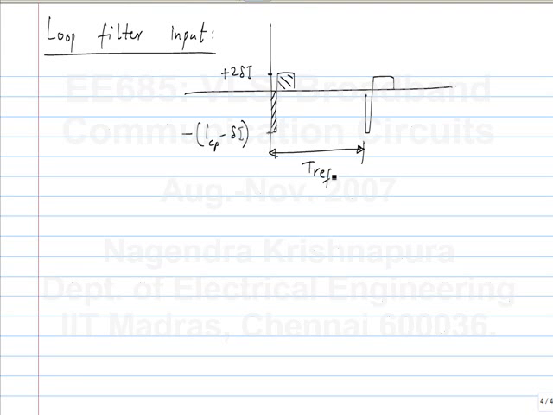Okay, and the width of the positive part is T reset. The width of the part which has 2 delta I is T reset. The width of the other part can be calculated. That is 2 delta I by ICP times T reset by Tref. Okay.